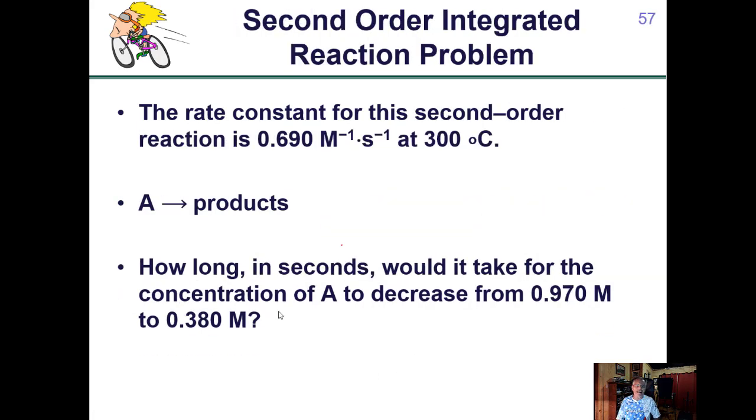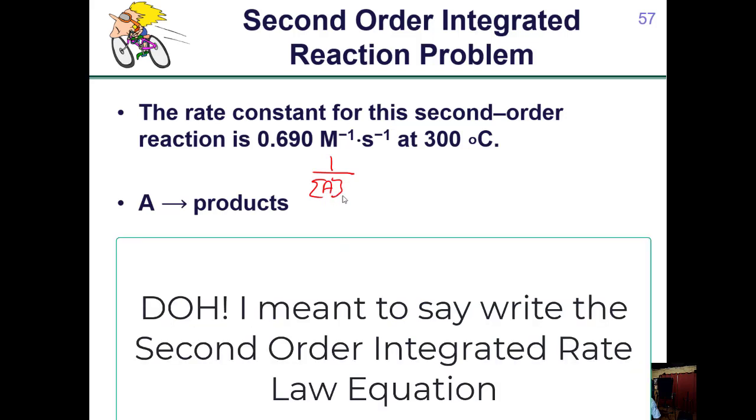So how long in seconds would it take for the concentration of A to decrease from 0.970 to 0.380 molar? All right, so the first thing I would do is I would write symbolically the second order integrated rate equation, just so you know what you're doing.